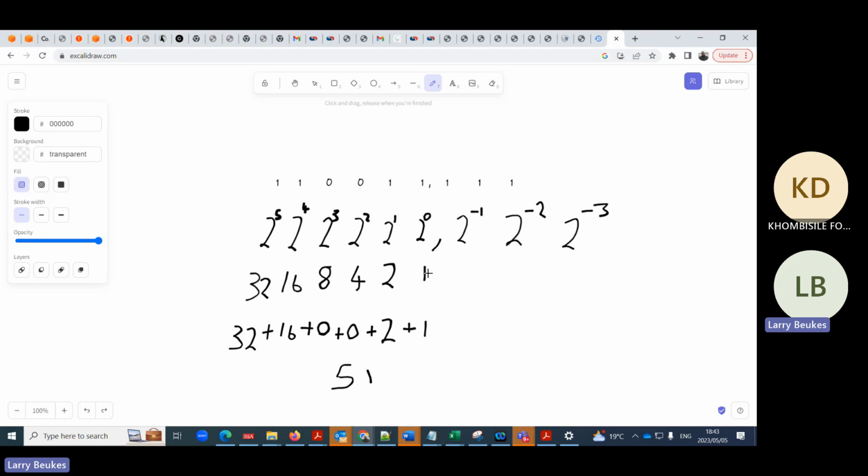So half of 1, we know is 0.5, and 2 to the power minus 1 anyway, it's 0.5. So here we're going to have 0.5, and here 0.25, and half of 0.25 is 0.125.